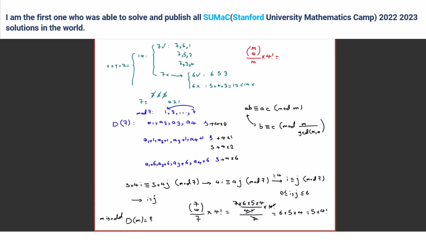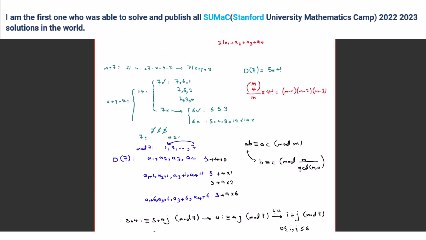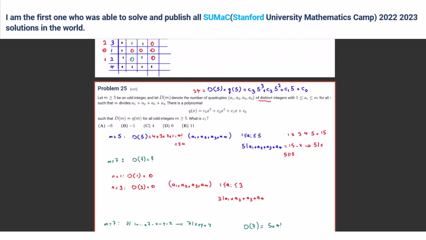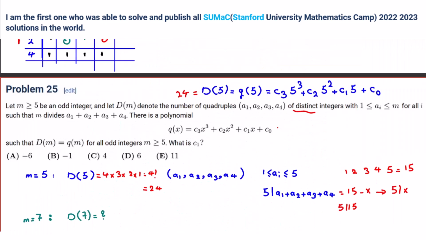So it is m minus 1 times m minus 2 times m minus 3. For 5 also it is the same, 4 times 3 times 2, right? Now we can understand that this one is m minus 1 times m minus 2 times m minus 3. So now calculate, and because it says qx, you can say x minus 1, right?